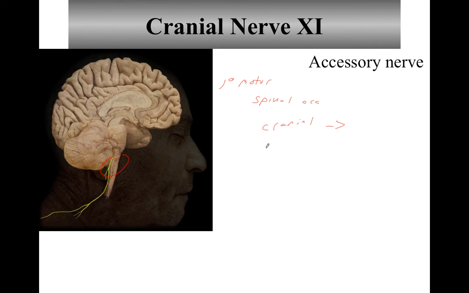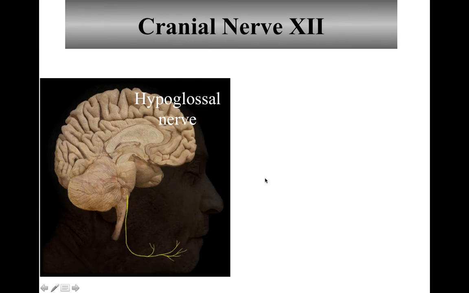And then it has the spinal branch, which goes to the muscles in your back and neck. There's some sensory, which is just proprioception. Cranial nerve 12, hypoglossal nerve, primarily motor, and it moves the muscles of the tongue. And then the sensory part is proprioception again.